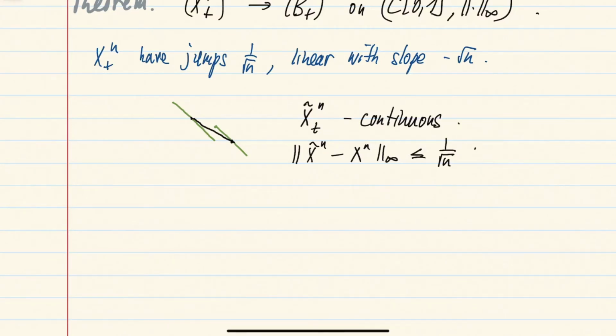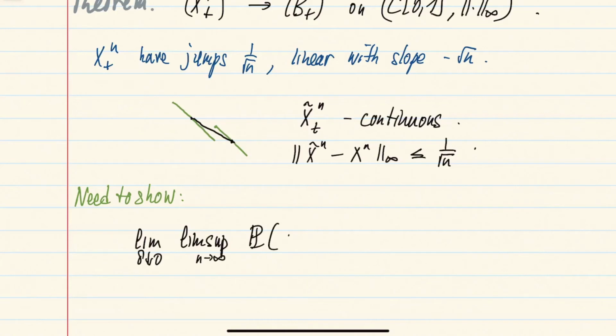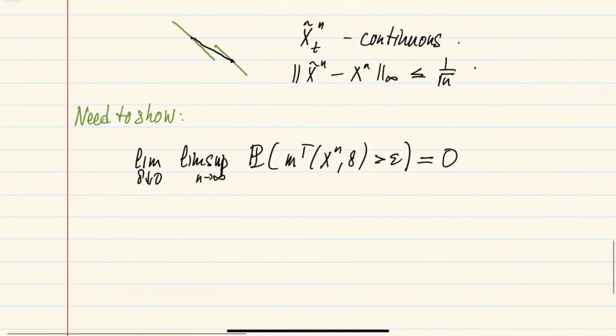So the main thing that we need to show in this section is that the limit when delta goes to 0 of the lim sup when n goes to infinity of the probability that the modulus of continuity of your process at delta exceeds epsilon goes to 0. Right? That's our main goal.